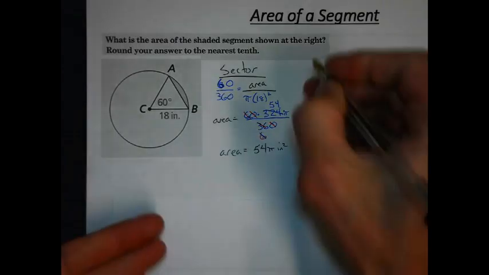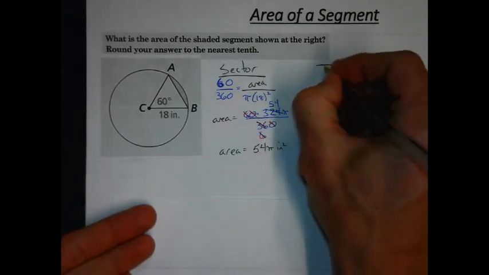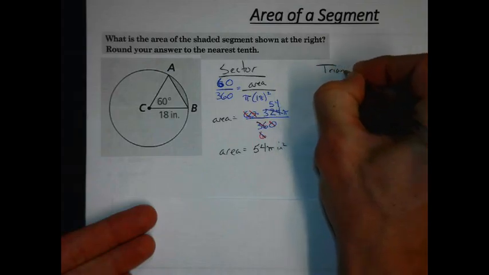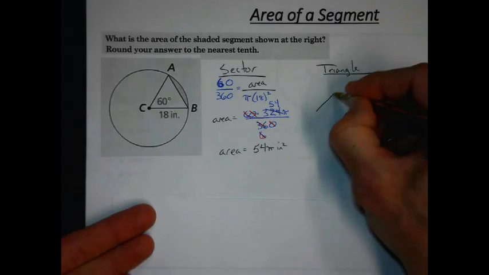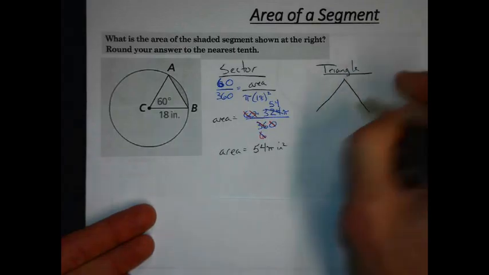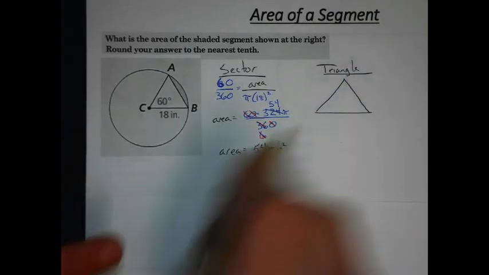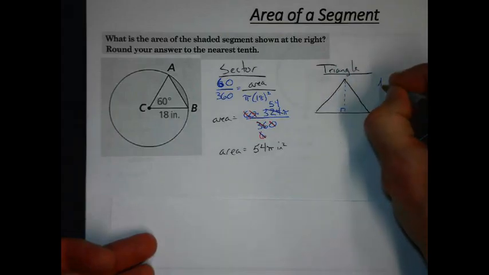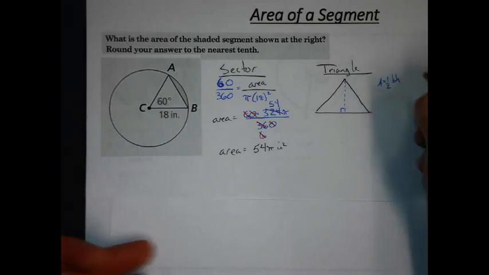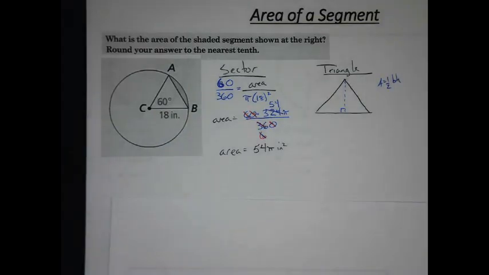Now what we have to do is deal with the area of the triangle. You've got to remember we're dealing with the triangle. And so if we pop out the triangle, we're going to be looking for the base and the height, because we know that the area of a triangle is 1/2 base times height. So what do we know?